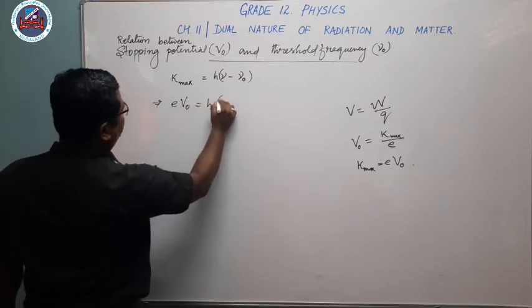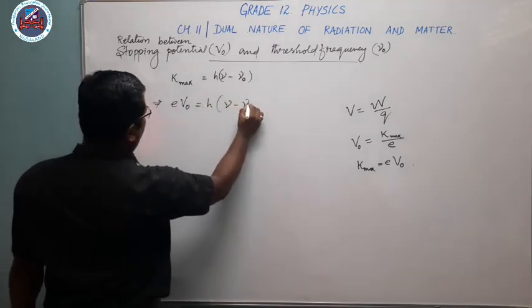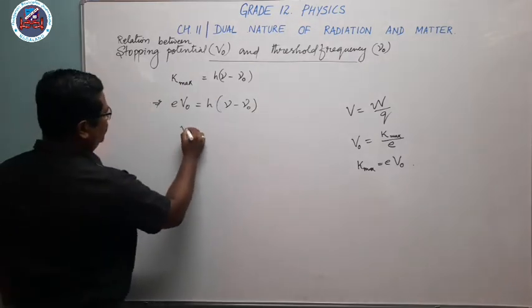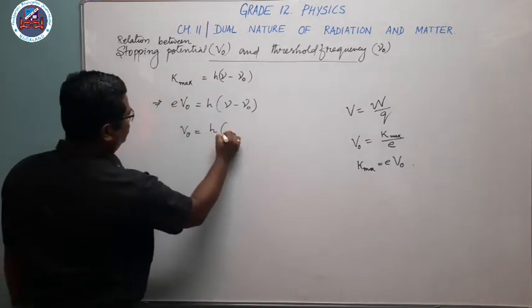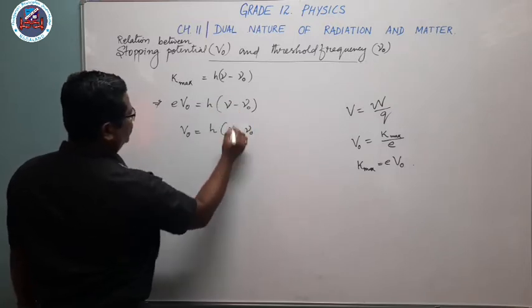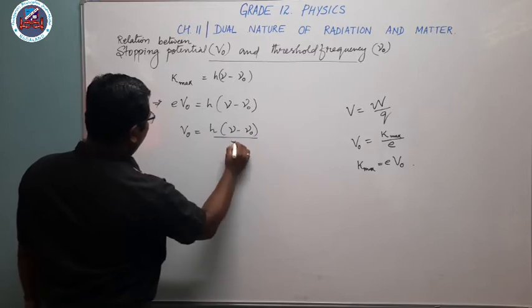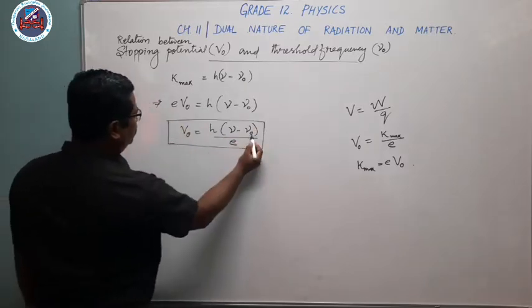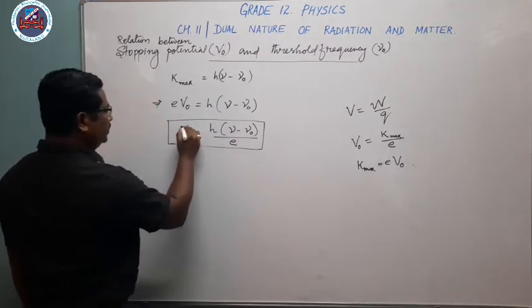Then you get the relation e V naught equals h times nu minus nu naught, or V naught equals h into nu minus nu naught divided by e. This gives us the relation between the threshold frequency nu naught and stopping potential V naught.